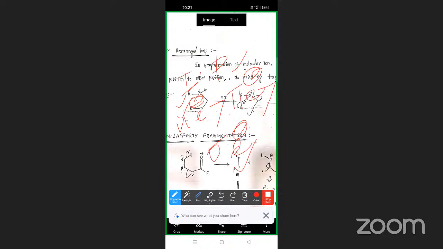And the sigma bond is a strong bond. Here the oxygen is carrying two lone pair electrons, so you can easily remove one electron here.